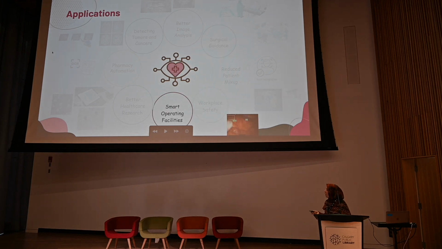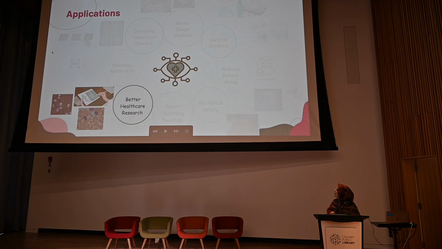Next is smart operating facilities. Computer vision can automate the recording process of surgical procedures that may involve repetitive and error-prone tasks. And also sometimes surgeons forget surgical instruments inside the patient's body, so computer vision can track the surgical instruments for avoiding this issue.